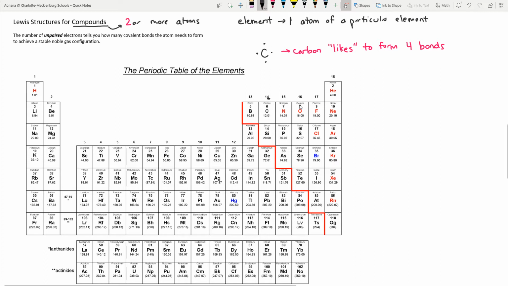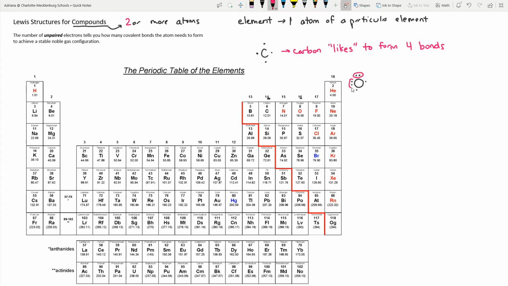What about if I said oxygen? Let's just do oxygen real quick. Oxygen has 6 valence electrons. So 1, 2, 3, 4, 5, 6. Remember that I put them all around all 4 sides of the box before I double up. And so oxygen has 2 unpaired electrons. Do you see what I mean by a pair? This is a pair here.